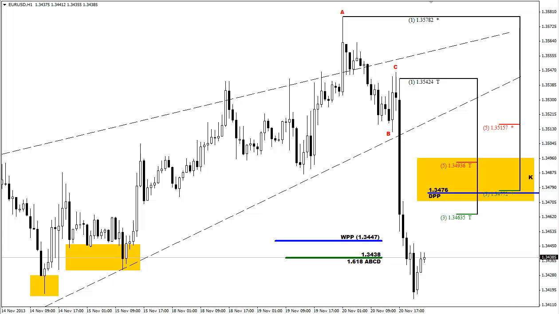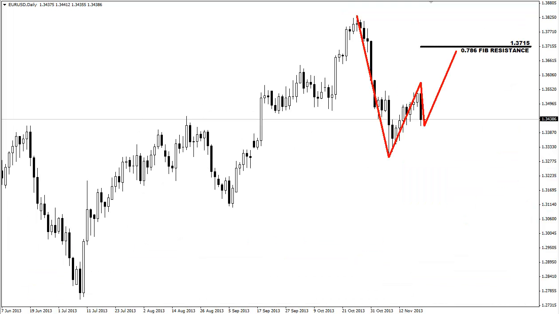But I would like also to warn that we have some risk for upward continuation. Let's take a look again at the daily time frame. We can see here by this picture the risk for upward continuation. Maybe the market is forming support here and will proceed the move to the upside, making this Gartley 222 sell pattern that is marked with the red lines.